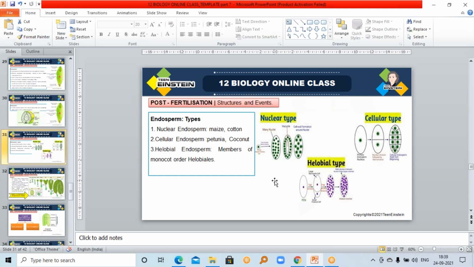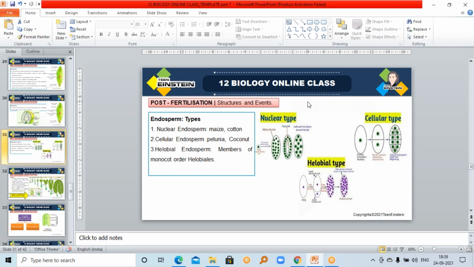And the second type is cellular endosperm. Here you can see the cellular endosperm. The starting stage of endosperm is the primary endosperm nucleus. So in the nuclear type, only nuclear division is taking place. There is no cell wall formation.